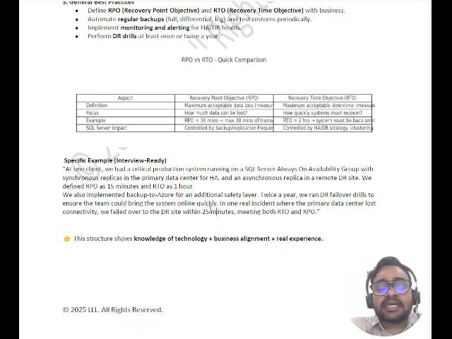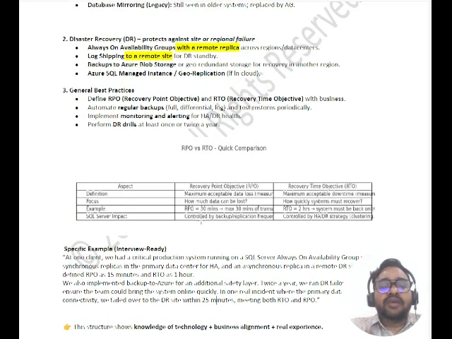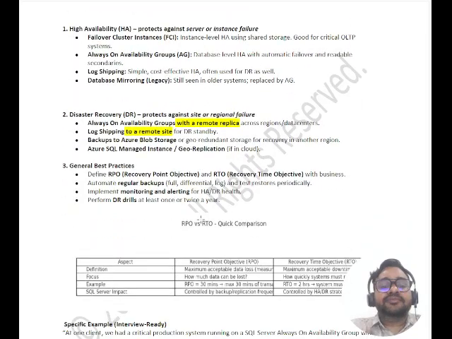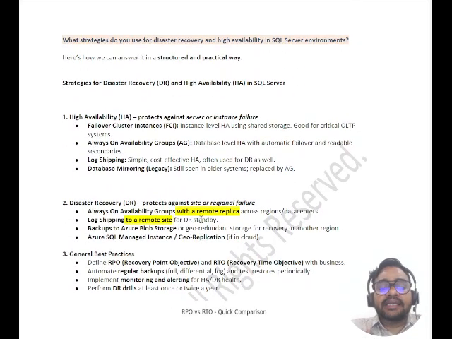This answer is very structured, and it shows you have the experience and are using best practices. I hope I'm able to make you understand and clearly distinguish DR and HA and where they impact.